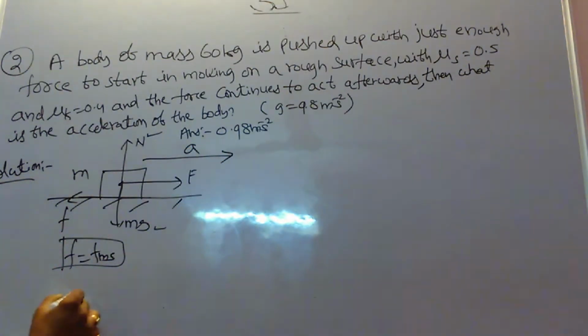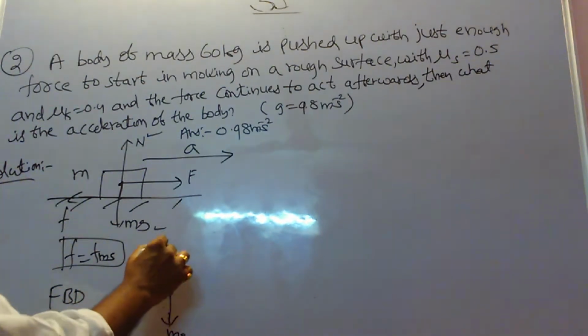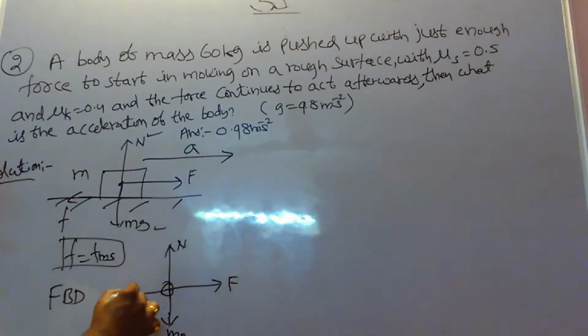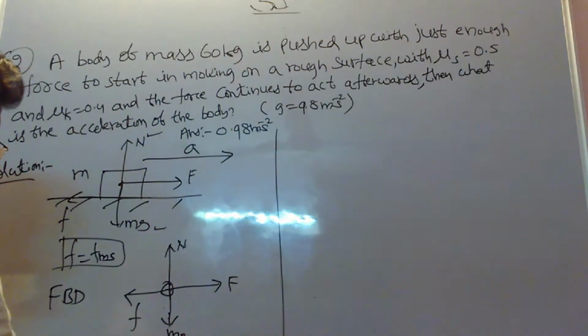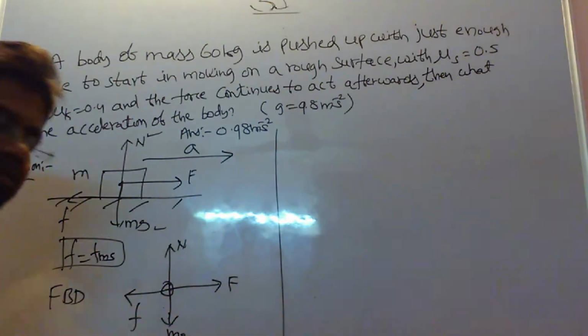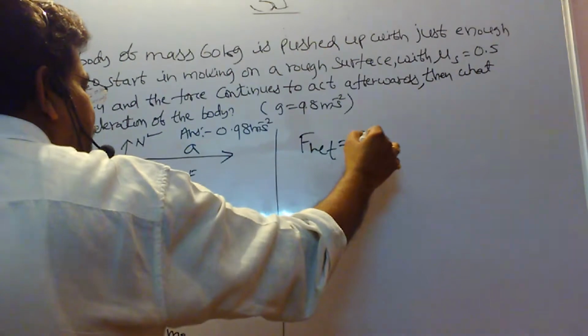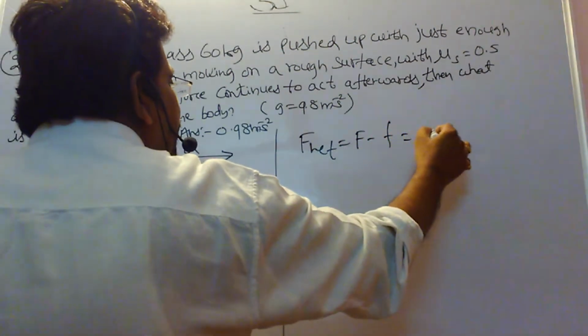Now take the FBD. What is the FBD here? mg downward, normal reaction vertically upward, and one applied force, which is opposed by the frictional force. The system is moving with some acceleration A in this direction, so definitely the applied force is more. Now what is the F net? F net equals applied force minus frictional force.